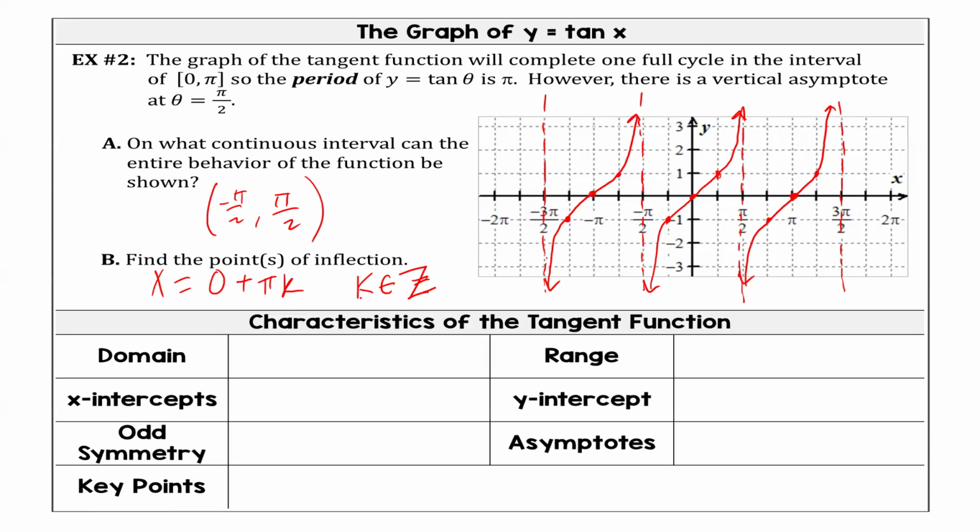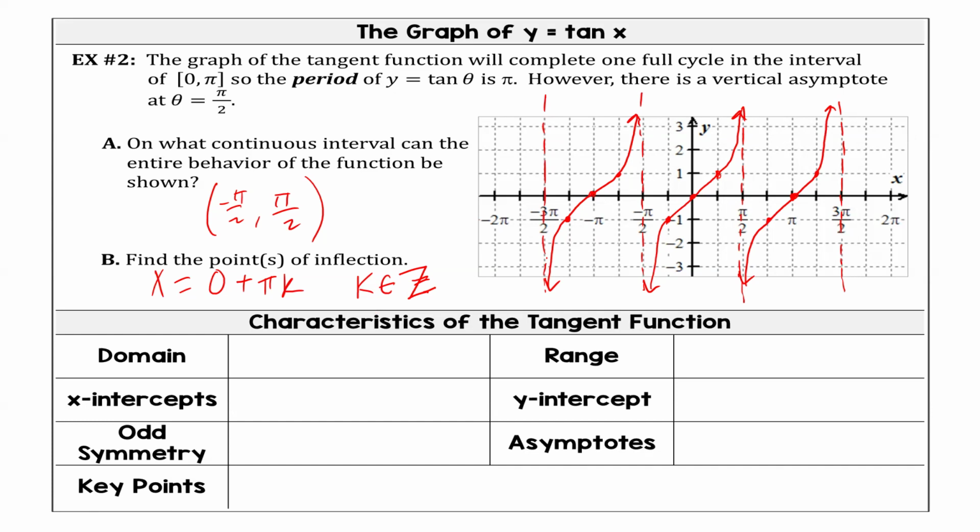So K is any integer. That's what this means. K can be any integer. Remember what integers are: our whole numbers and their opposites. So when it's 0, it's at 0, but it could be 1, -1, 2, -2, 3, -3. It cannot be a fraction because it's an integer. Fractions are our friends.